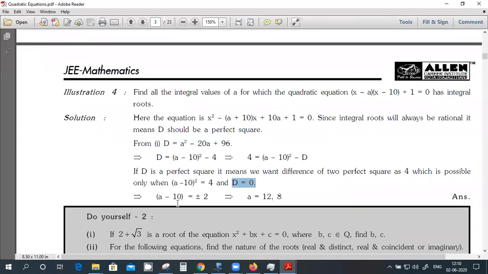So D equal to 0 means this thing is 4. The square is 4, so a minus 10 is plus or minus 2. From that we'll get a as 12 or 8.